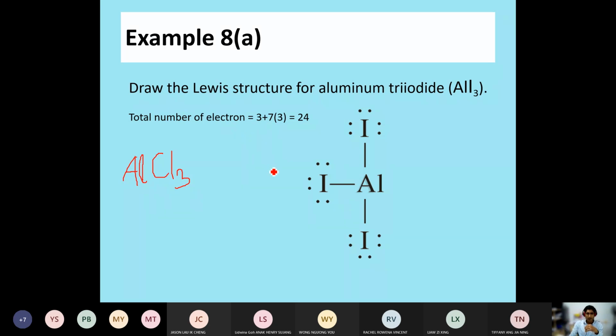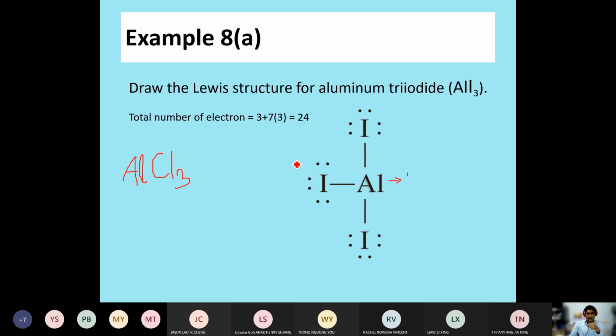So for aluminium, if we look at the periodic table, I cannot switch this back now, so if you have a periodic table in front of you, you can look it up. It's group 3A, so it has 3 electrons.